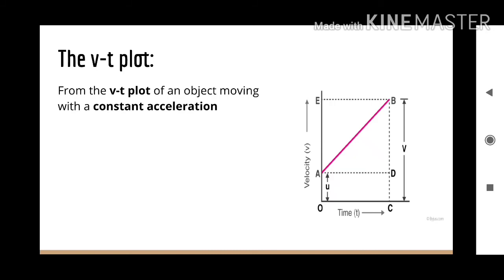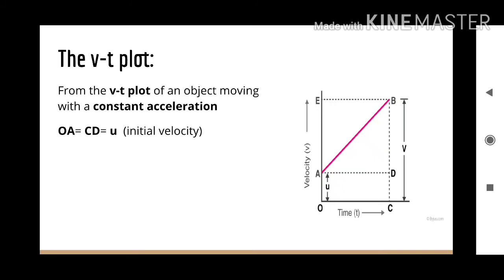Here you can see two rectangles. One is AOCD, the first rectangle, and the second rectangle is OCBE. And time t is represented by OC, AD and EB.